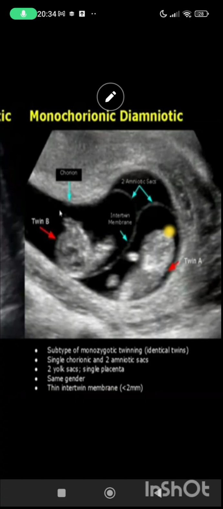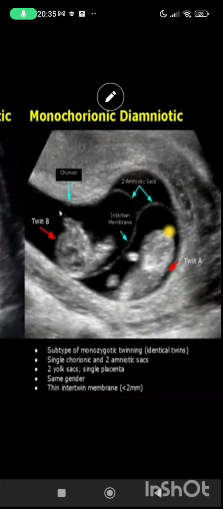The donor twin becomes very small, it becomes stuck. It's like one straw connects two juice boxes. One box loses all the juice and the other becomes overfilled. That happens in twin transfusion syndrome.